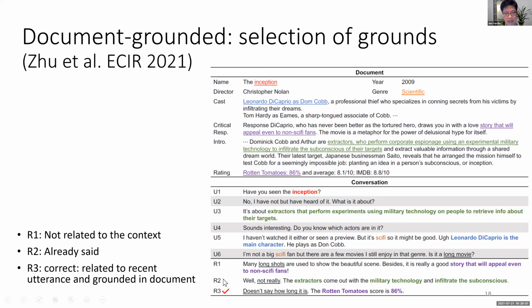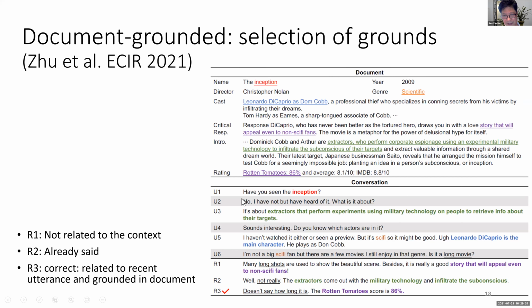Also R2 is not really relevant, although it mentions some facts from the document, as these green parts show. What we want to say is that R2 is not strongly related to the last utterance, although it is grounded in the document.